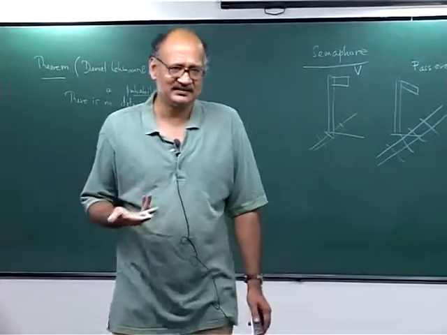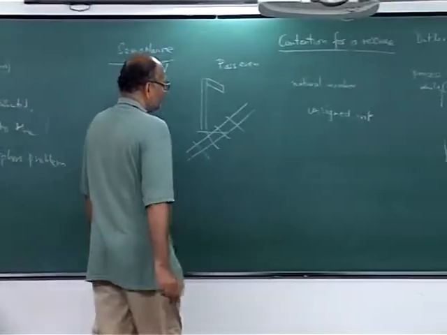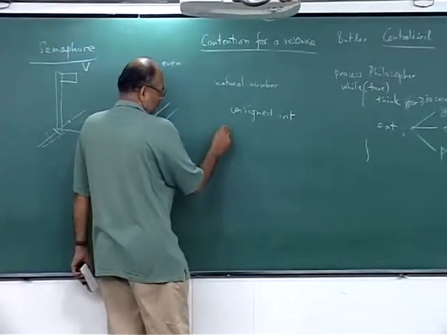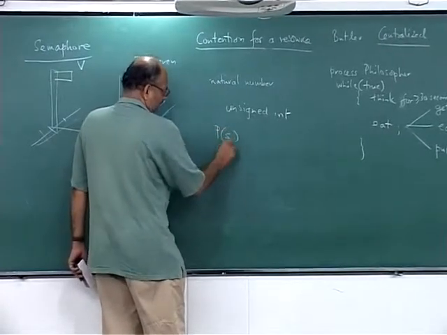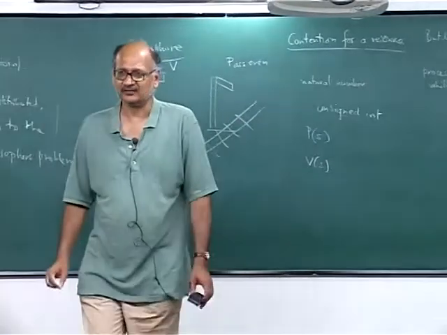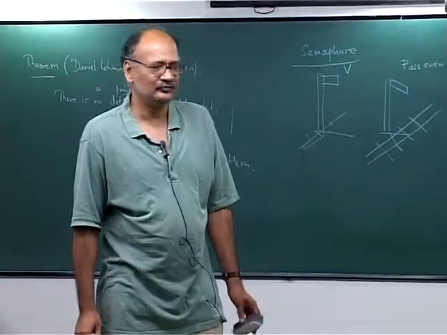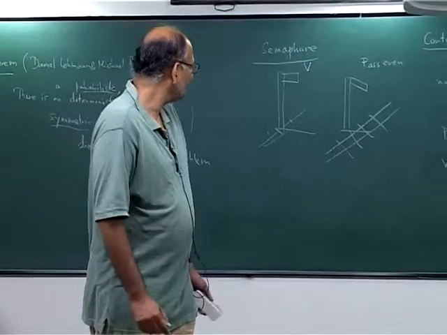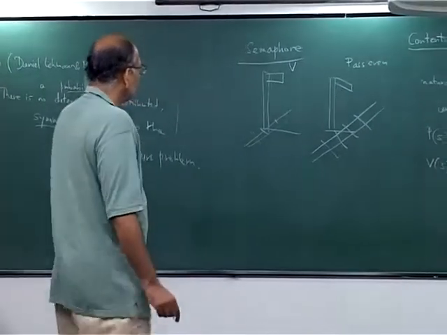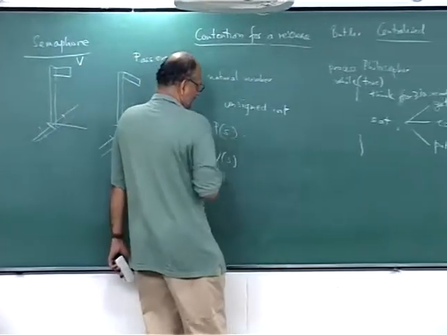This is what a semaphore is. And so you have two operations, P and V, on the semaphore. Okay, what does this mean?